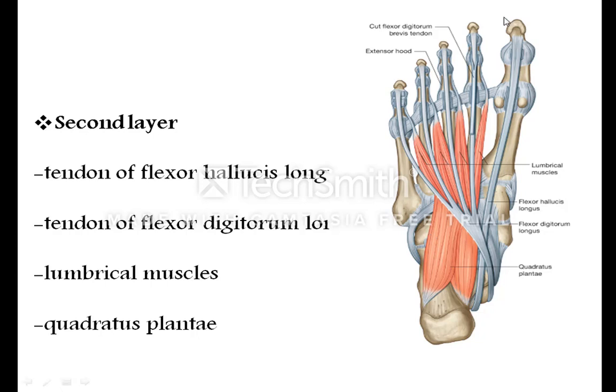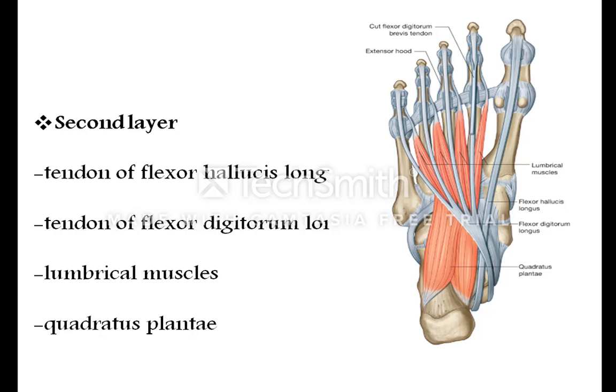If we go to the second layer, there are 2 muscles and 2 tendons. The first tendon is the flexor hallucis longus tendon, and the other is the flexor digitorum longus tendon. Both of them are tendons of muscles of the posterior compartment of the leg, as we mentioned before.